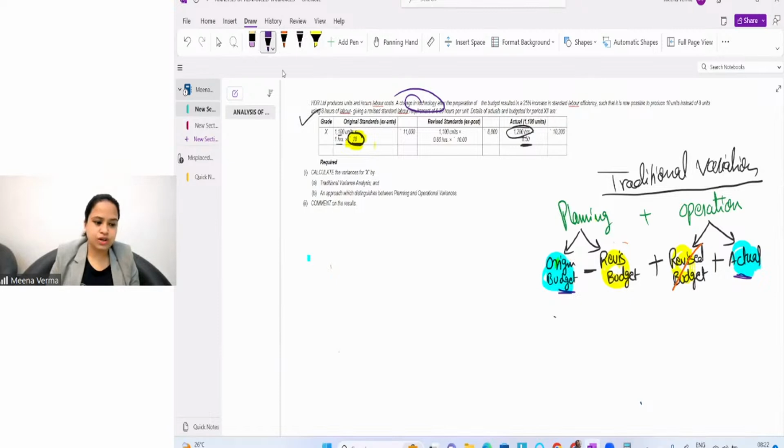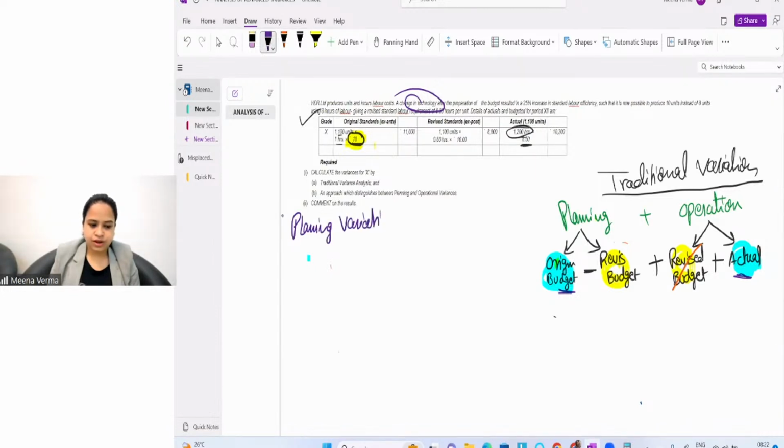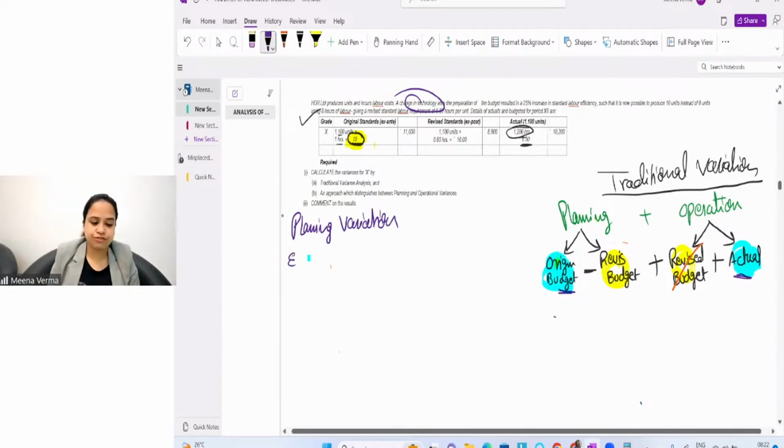Okay. So now what do we have to do? Planning variations. In case of usage variations and in case of rate variations. So usage is efficiency variation, क्योंकि लेबर के लिए efficiency use होती है.